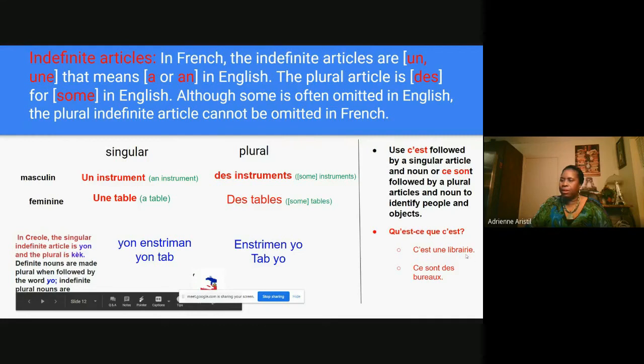And for bureau, on dit des bureaux, it's a plural noun. You will say, ce sont des bureaux for plural noun.